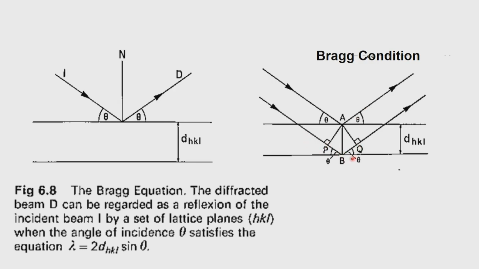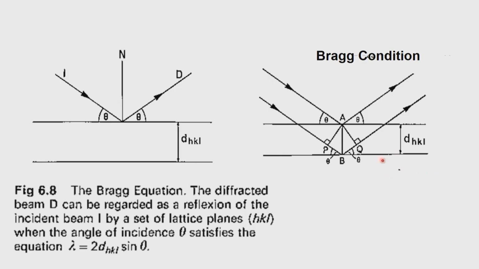The scattering occurs at an angle of theta, and the spacing is d of HKL. Making use of the fact that the additional distance is Pb plus Bq, in principle you should be able to find out what d of HKL is, because 1 over d of HKL corresponds to 2 sin theta by lambda.